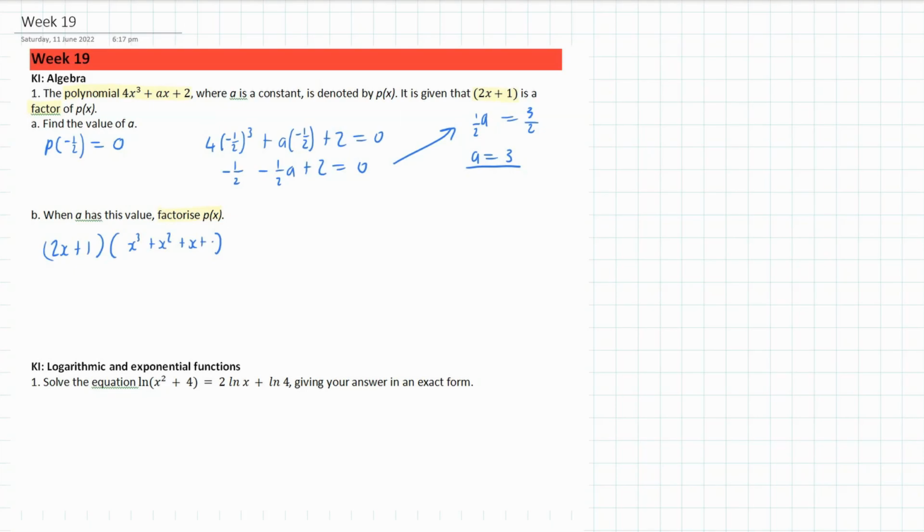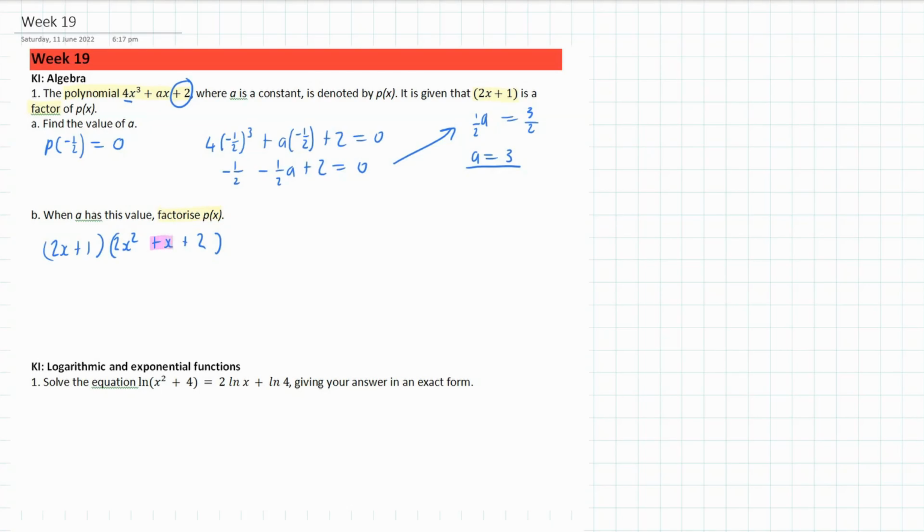Actually, we don't have an x cubed term. I've gone OTT. We've got something x squared plus something x plus a constant. Now the constant looks like it's got to be 2, otherwise there's no way we can get this. So I think it should be a 2 there. And obviously if we're going to get a 4x cubed, we need a 2 here. And then we just got to work out what is going to be in here.